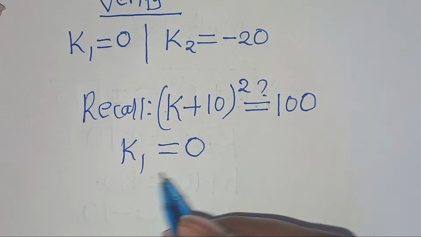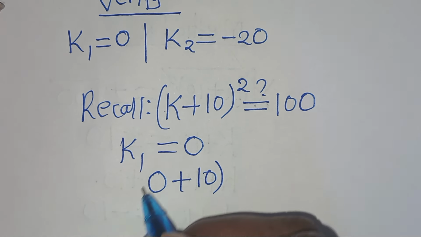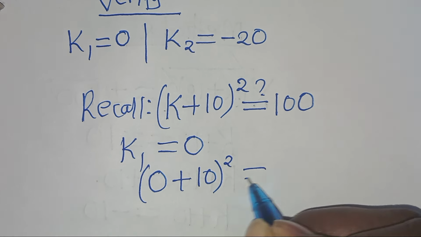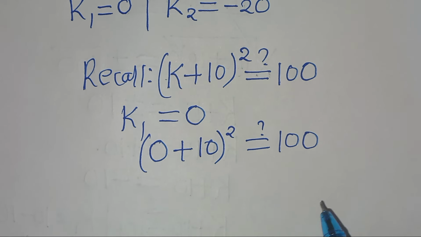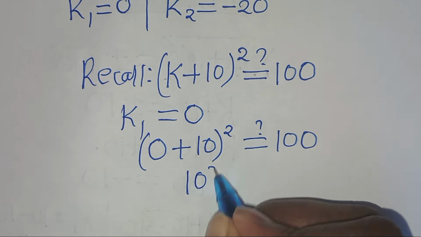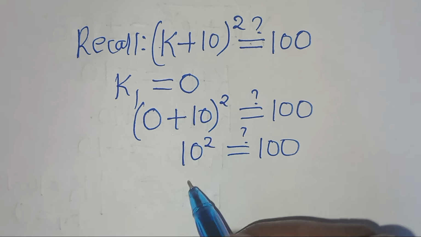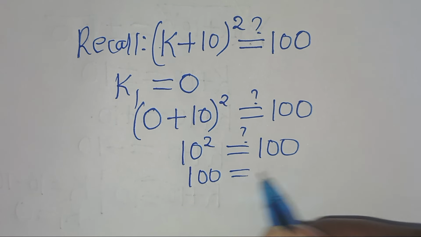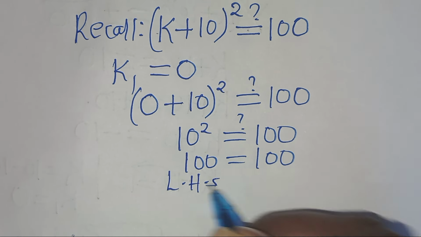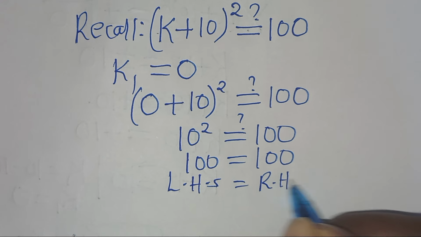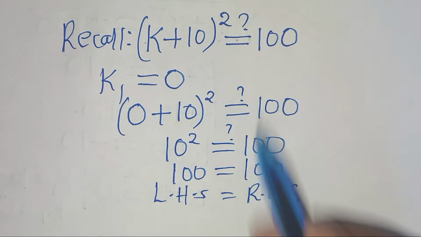Substituting 0, we have (0 + 10)^2, which is 10 squared, equal to 100. So the left hand side is equal to the right hand side, and this means that k1 satisfies the equation.